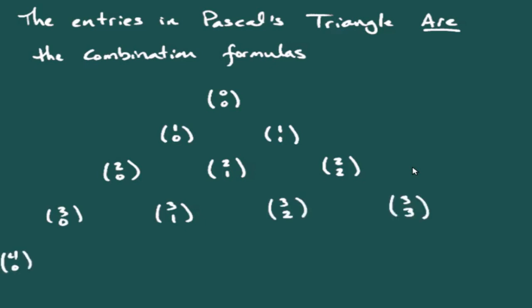So 3 choose 0, 3 choose 1, 3 choose 2, 3 choose 3, 4 choose 0, 4 choose 1, 4 choose 2, 4 choose 3, 4 choose 4, and you can use your calculator to calculate those numbers and see that you do in fact get the exact numbers from Pascal's triangle.